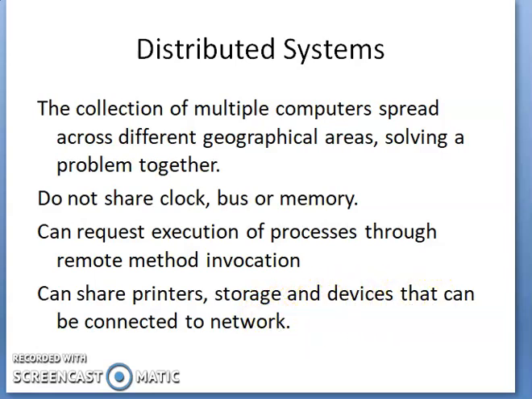So printers can be shared, like I am sitting in India, I can give a command to print a document somewhere in Delhi, or somewhere in America or somewhere in Australia. And storage can also be shared, like Netflix is a very good example. They have storage area networks and from there we all are streaming the information. Similarly, other types of storage area networks can be there, and we can access the information remotely. So in distributed systems, we can share only those devices which can be connected to the network.